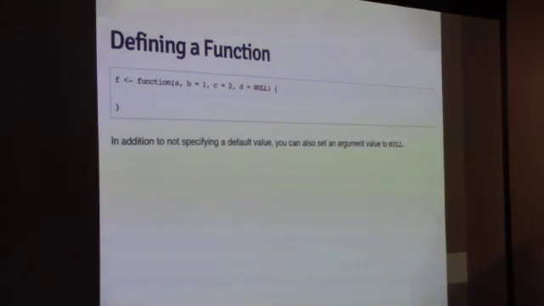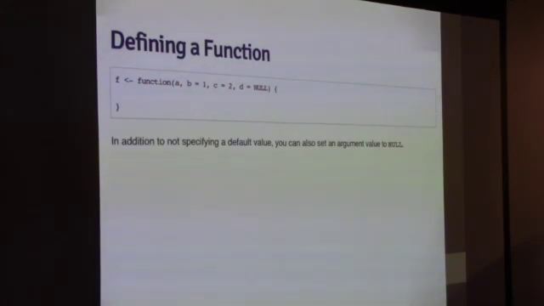Supposing we have a function, so let's say this is our function. We have a function f which is defined as function a, comma b equals 1, c equals 2, d equals null. Now within this function I'm saying return a times c.